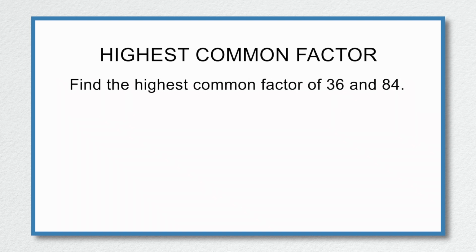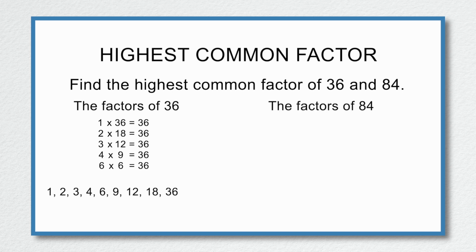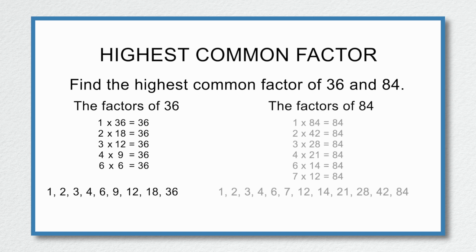Find the highest common factor of 36 and 84. Well, the factors of 36 are 1, 2, 3, 4, 6, 9, 12, 18 and 36. And the factors of 84 are 1, 2, 3, 4, 6, 7, 12, 14, 21, 28, 42 and 84.